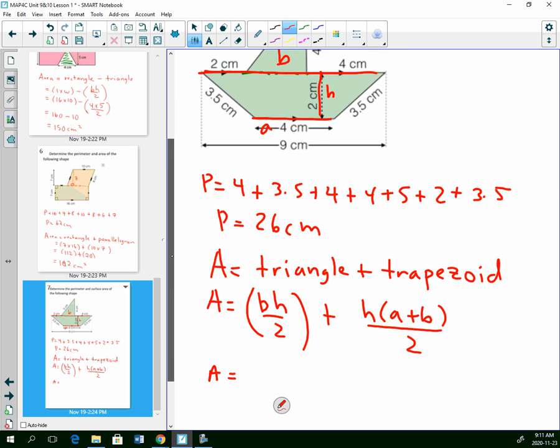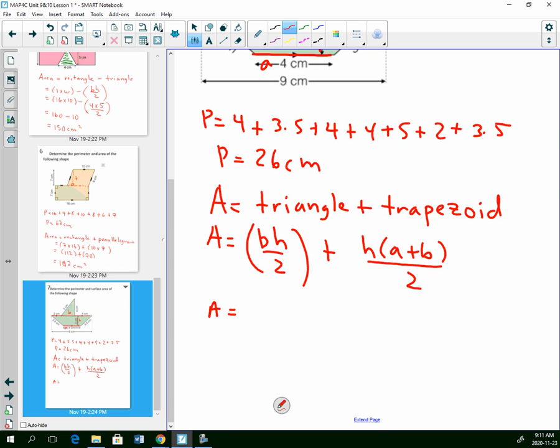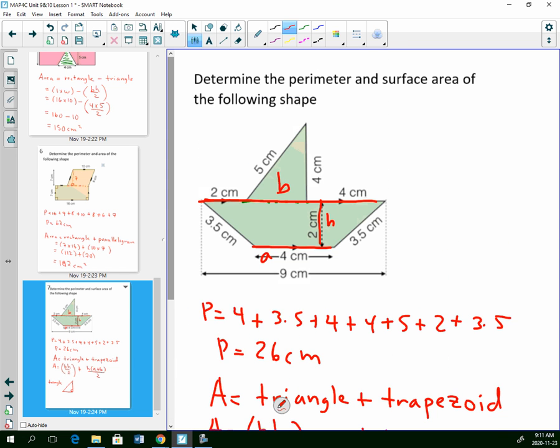The base of the triangle, we're going to have to figure out. For the triangle, the base and the height have to be the perpendicular sides. I have the height, but I don't have the base.